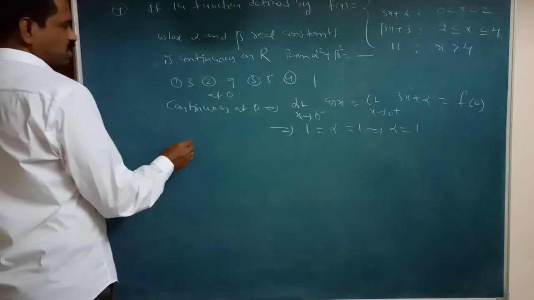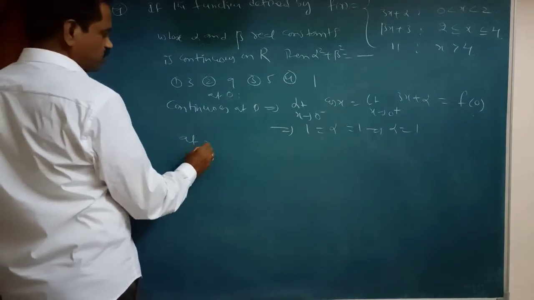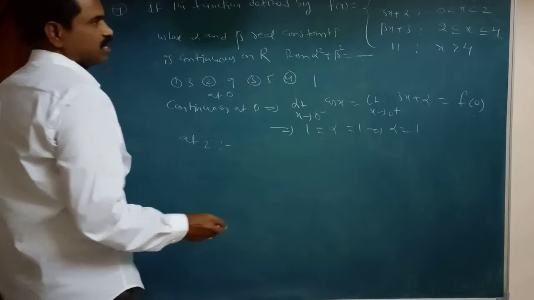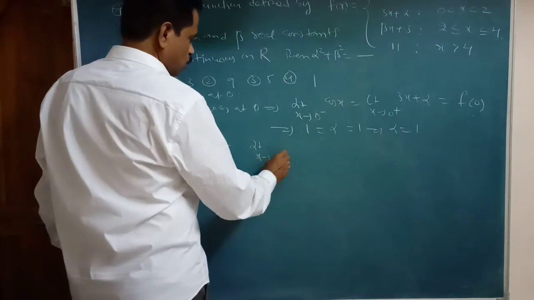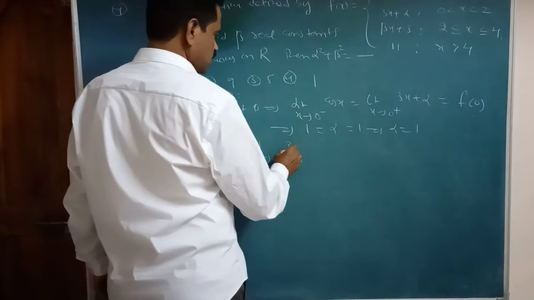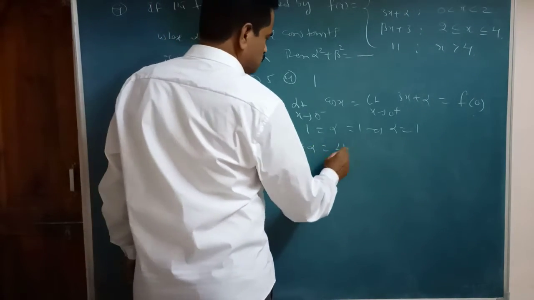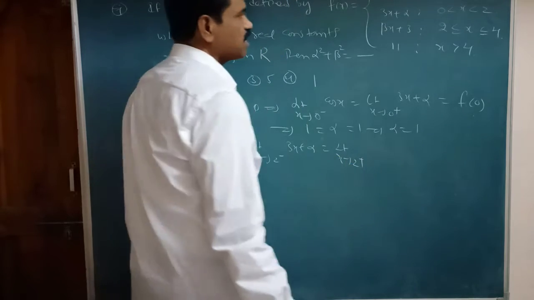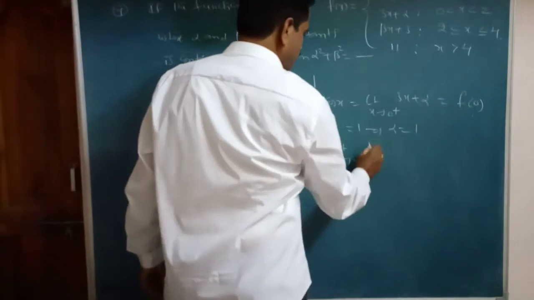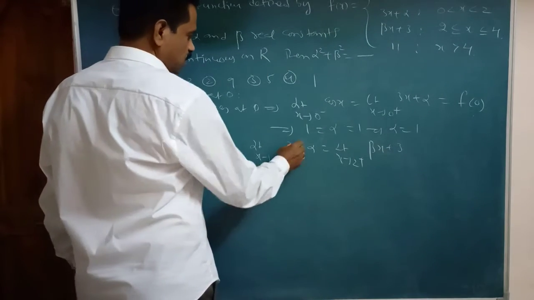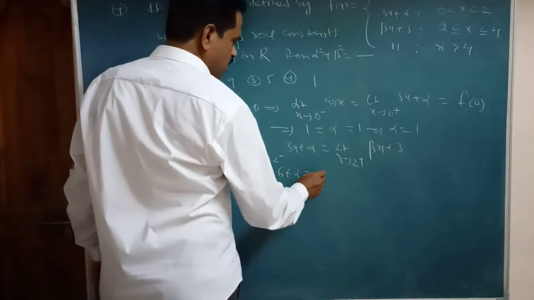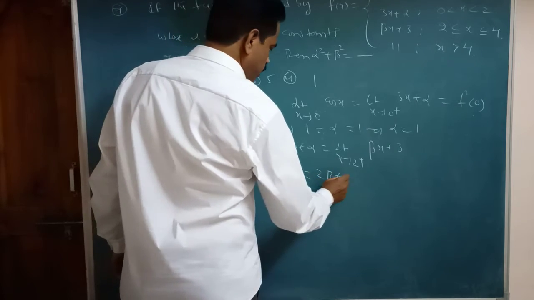Next we check at 2. So that is limit x tends to 2 minus, x less than 2. What is the function? 3x plus alpha. Limit x tends to 2 plus, x greater than 2. What is the function here? Beta x plus 3. 2 substitute here. 2 3s are 6 plus alpha equal to 2 beta plus 3.